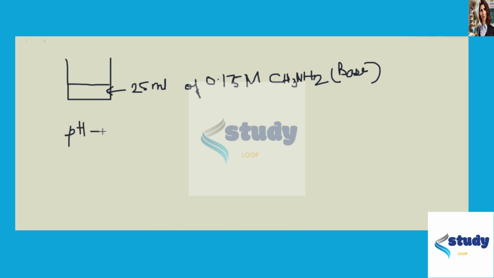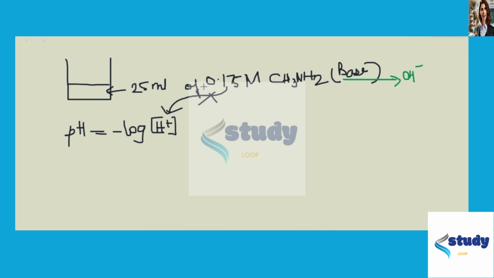pH is a straightforward equation. It's minus log of H+ ions. But the first mistake that people make is they try to plug this value directly into this, which is wrong. Why is it wrong? Because a base will always furnish OH- ions, not H+ ions.